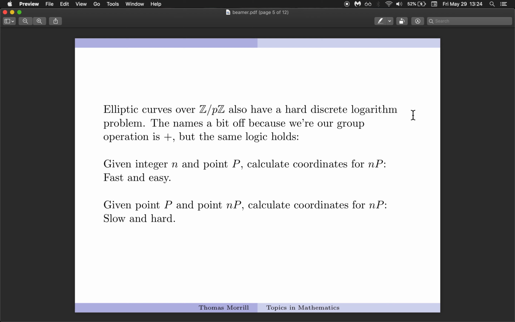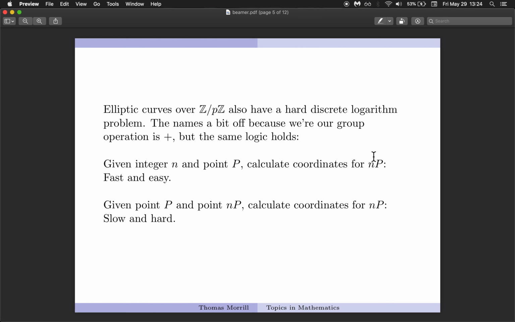And the opposite of that, the division, will be much harder to do. So we still call it the discrete logarithm problem just because that's the notation. But the idea is if you have some secret integer n, and you have a point P that's on the curve, you can calculate the coordinates of n times P very easily.